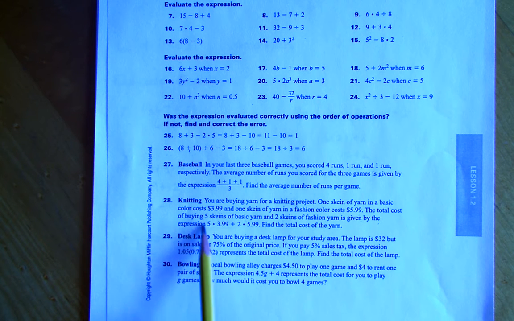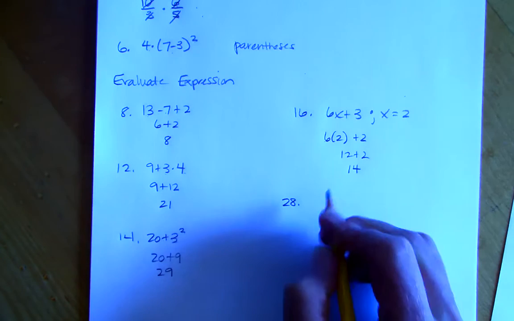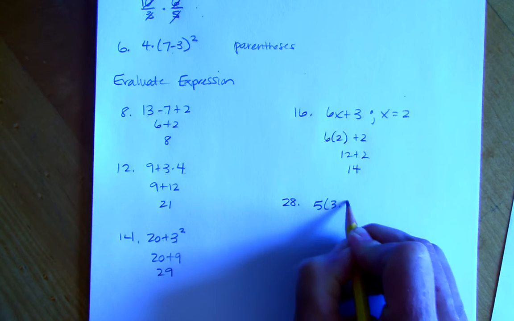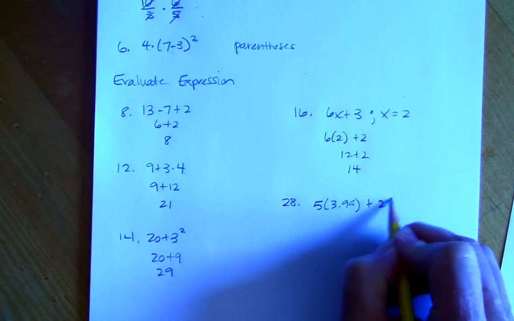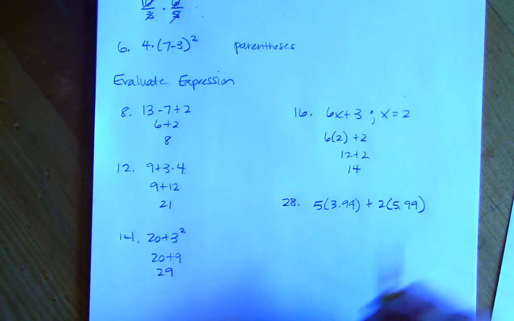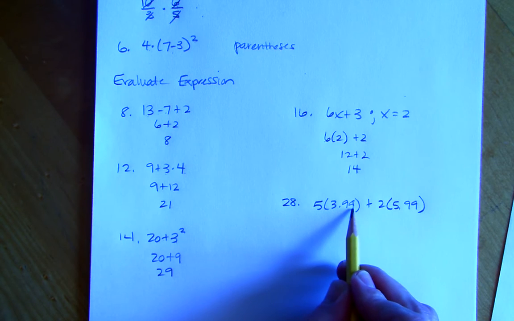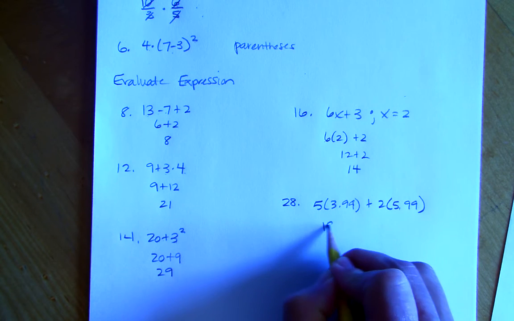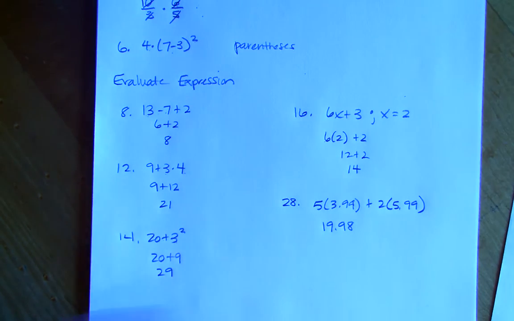So yeah, of course I have to do the 5 times the $3.99 plus the 2 times the $5.99, multiply, and then add. If we were doing that in our head, I have 5 times $3.99 plus 2 times $5.99, and this is 5 times 4 minus 2 cents, so it's $19.98.